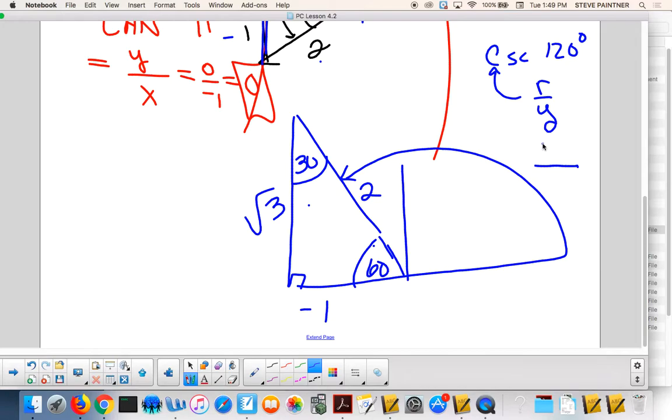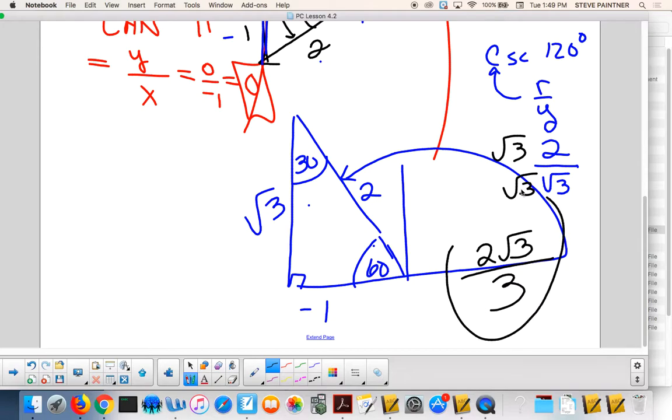R is what? 2. Y is what? No, y is square root of 3, isn't it? Okay. And multiplying by square root of 3, you get 2 square root of 3 over 3. That's it. Did you get it?